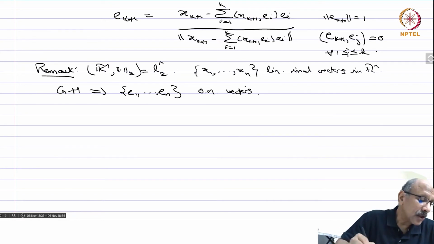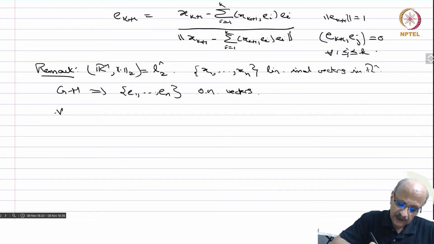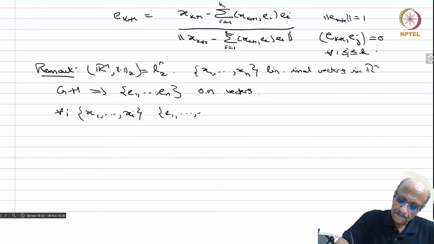So for every i, x1 to xi and E1 to Ei span the same subspace.